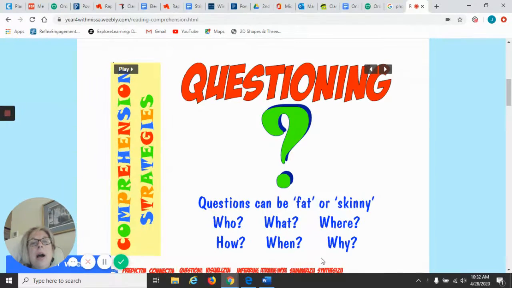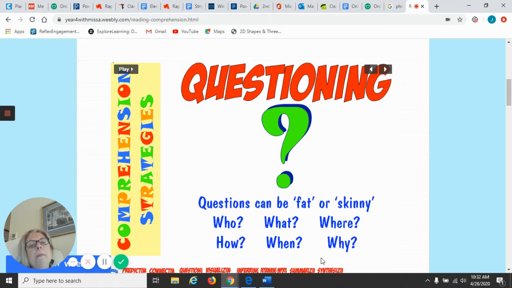Remember, RI 2.1 is asking and answering questions about an informational text. As you can see in the background, that is one of the comprehension strategies. Questions can be fat or skinny.